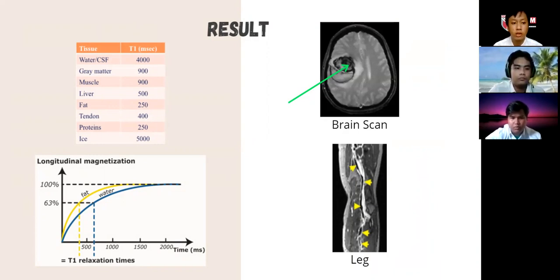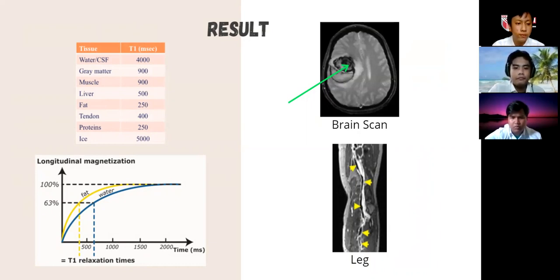The T1 relaxation time actually occurs when the longitudinal magnetization is at 63%. The yellow part is when the fat tissue achieves the relaxation time, and the blue one is the water.